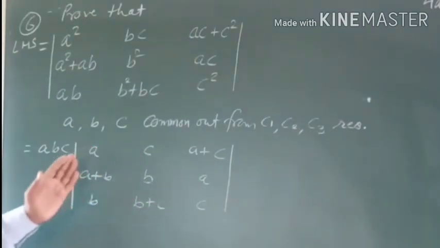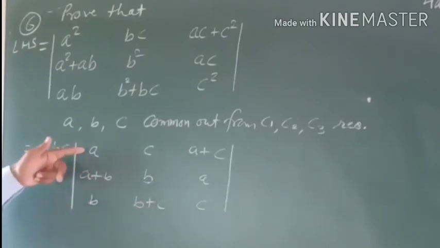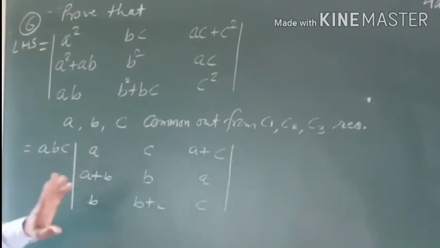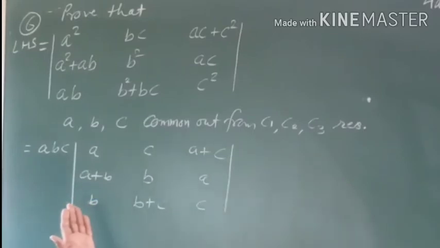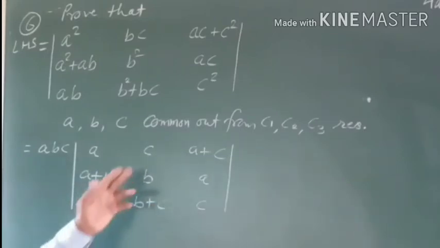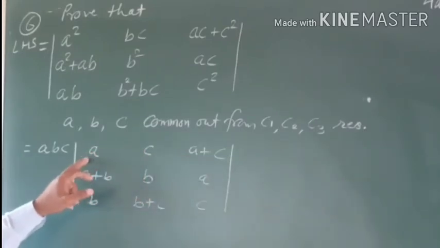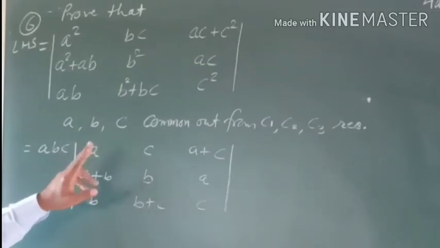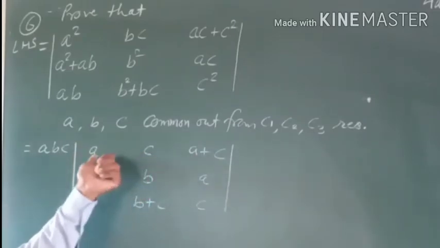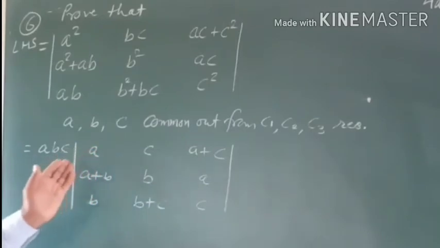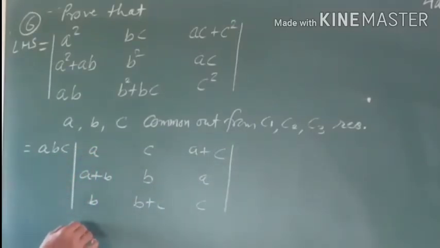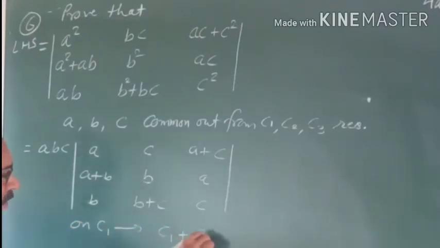Once again observe, if we apply R1 plus R2 plus R3, then you will get here 2a plus 2b. And if we apply C1 plus C2 plus C3 on the first column, then once again here we will get 2a plus 2c. a and a, 2a, c and c, 2c. So here I am applying only on C1, C1 plus C2 plus C3.